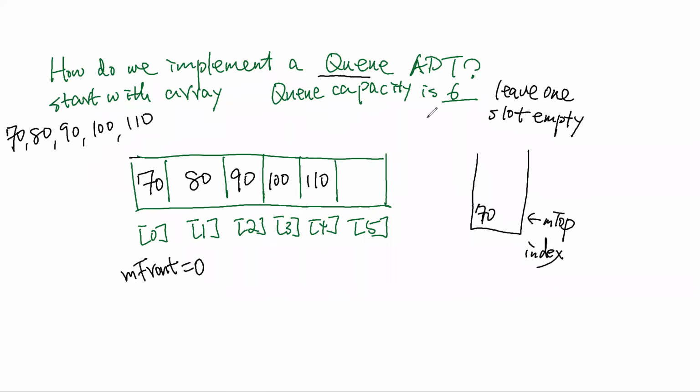because we also need to keep track of where the last item is, I need another index. I call it M back, okay?